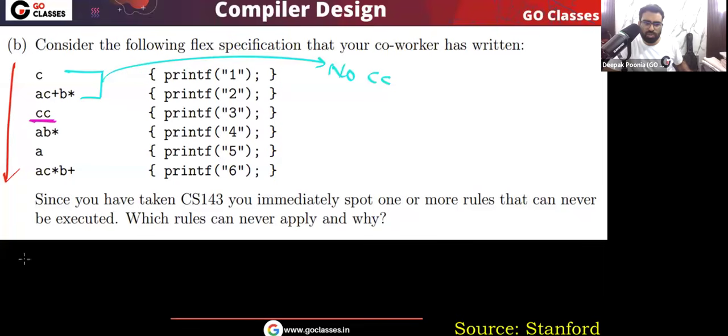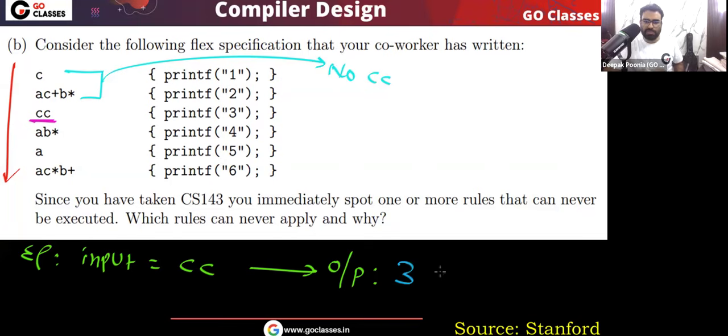So I can say this is also useful. For example, if your input is CC, then the output generated will be token 3. So there is at least one string, CC, that cannot be generated by the rules above it.